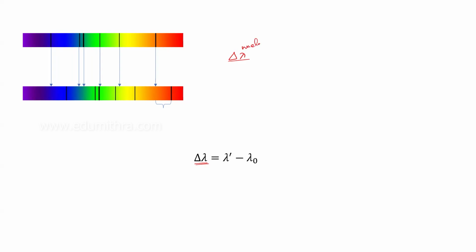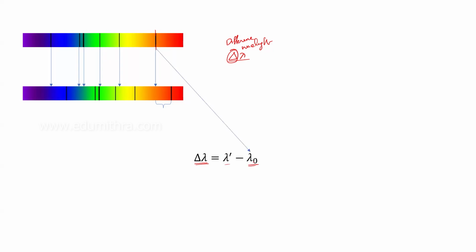A color corresponds to a frequency or a wavelength. So delta means difference or change. So delta lambda, the difference in wavelength, is equal to lambda dash minus lambda 0.